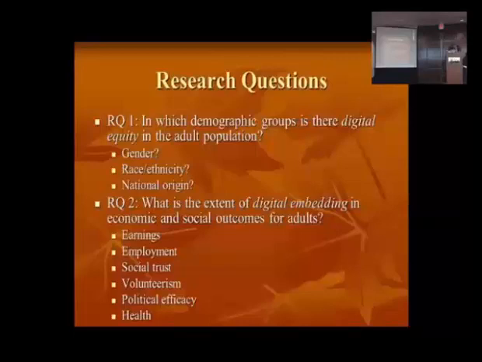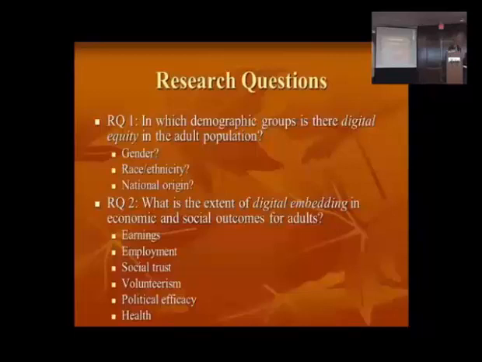We have a group of city agencies and citizen groups trying to put digital equity into our city plan. And the question is, what is that, and what do we know about that, and how can they do it? And should we look at it in terms of gender, in terms of race and ethnicity, in terms of national origin, some of the major categories we generally frame equity issues in? So that's the first research question I have.